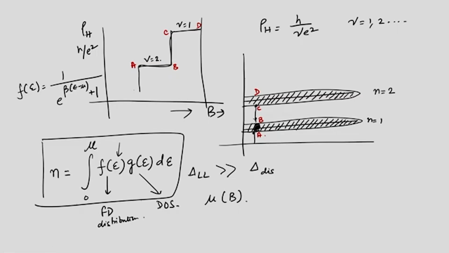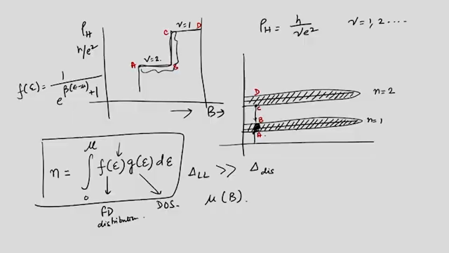as the chemical potential rises, it enters this Landau band. And why I'm calling it a band is because there are a number of very closely spaced energy levels through which the electron finds it easier to conduct, which means the resistivity flattens, and that's what happens between A and B. So it gets a large number of conducting channels, and then it doesn't get anything from B to C, and hence the resistivity just rises and goes to a value C, and then again it finds a large number of energy levels and so on, and the resistivity shows a plateau because it gets a lot of conducting channels.